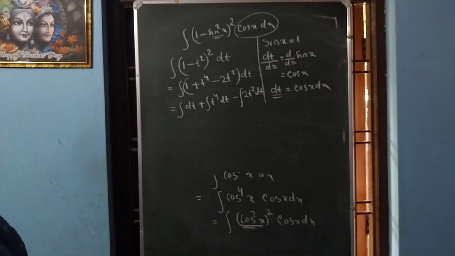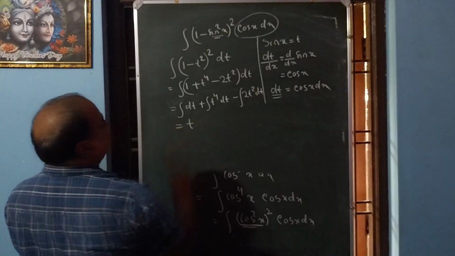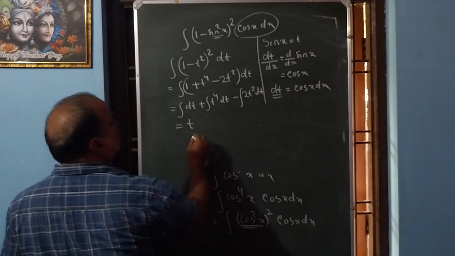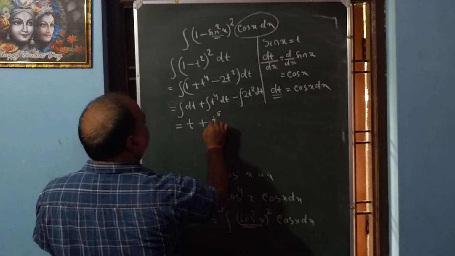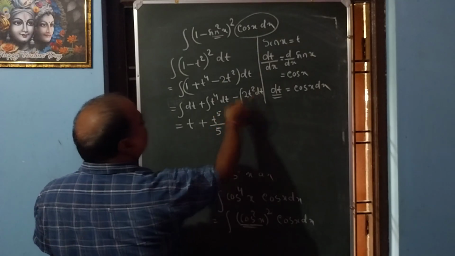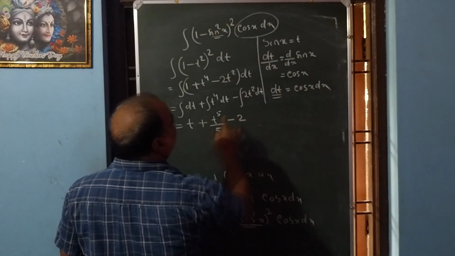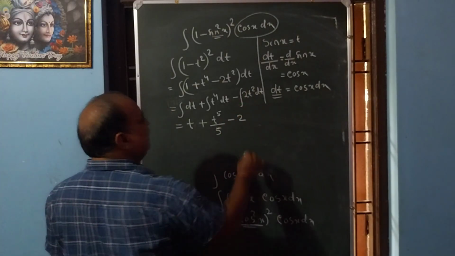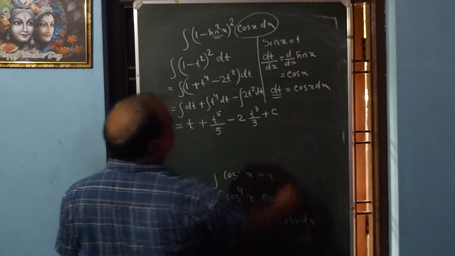Okay? Now integration of dt is equal to t. Integration of t^4 is equal to t^5 by 5. Here minus 2 is the constant that will come outside. So integration of t^2 dt is t^3 by 3 plus c.